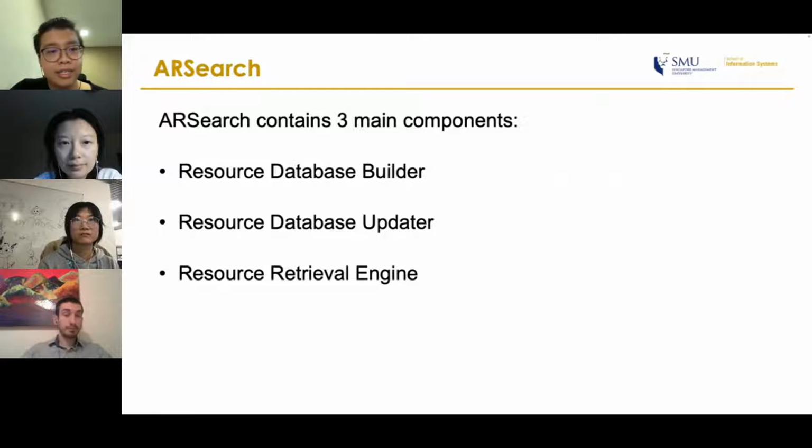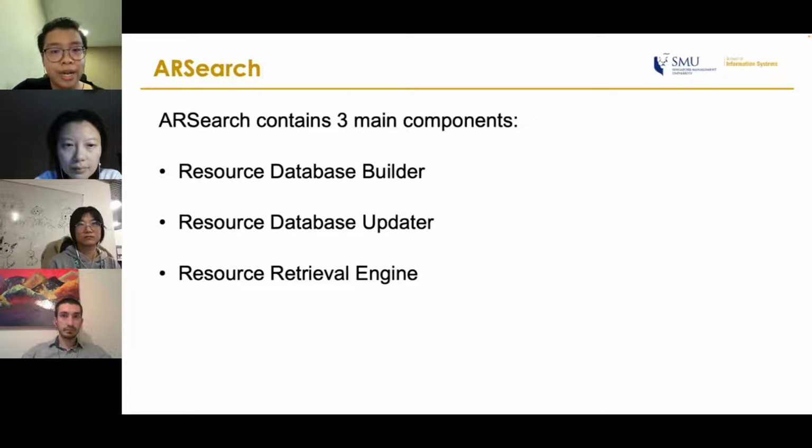AI Search has three main components: the resource database builders, the resource database updater, and the resource retrieval engine. The resource database builders collect an initial set of API-related resources, which are the Stack Overflow threads and the GitHub code examples.